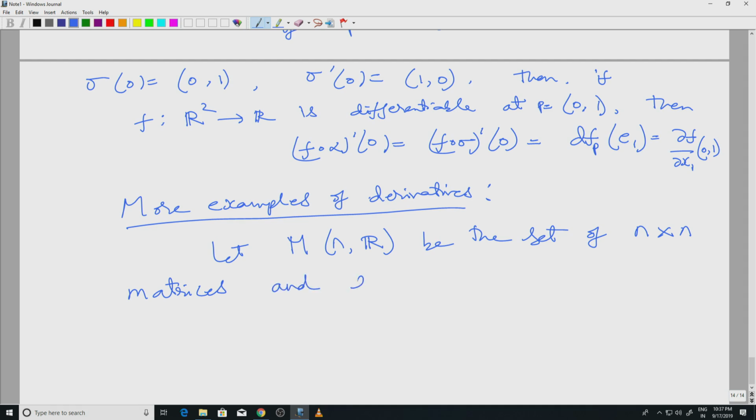And let Sn(R) be the set of n cross n symmetric matrices.